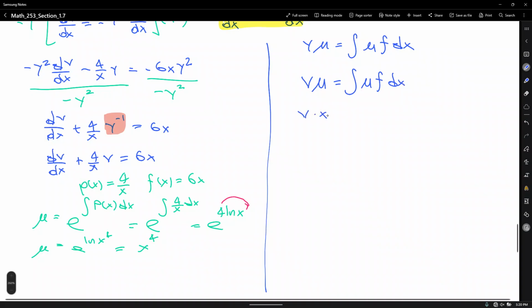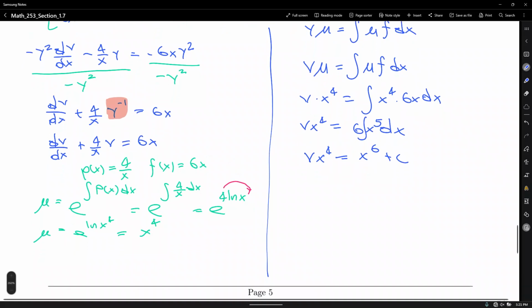What's mu? v times x to the 4th power equals the integral of x to the 4th times 6x dx, and let's just evaluate this integral. v times x to the 4th equals 6 times the integral of x to the 5th dx, which is v x to the 4th equals x to the 6th power plus c.